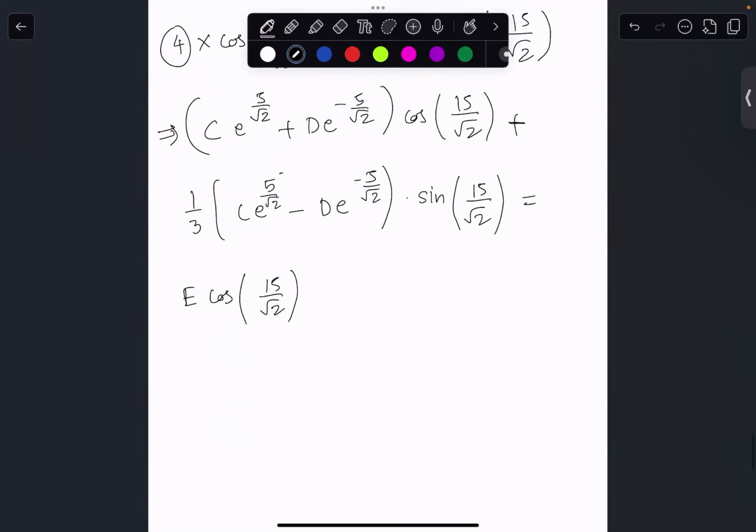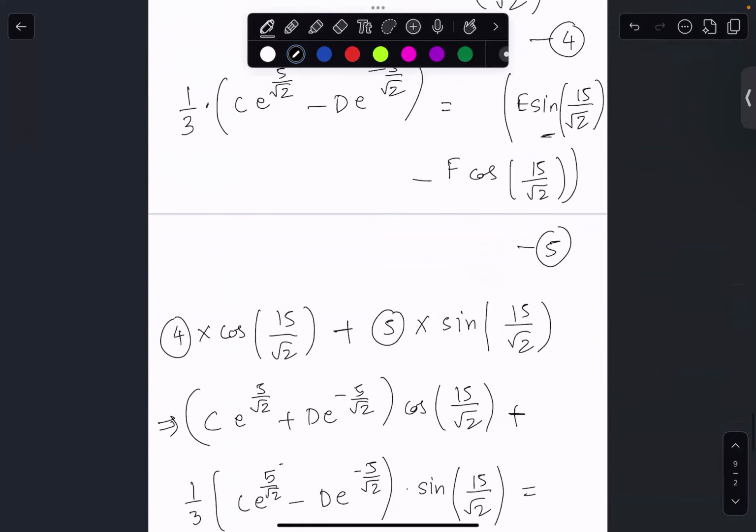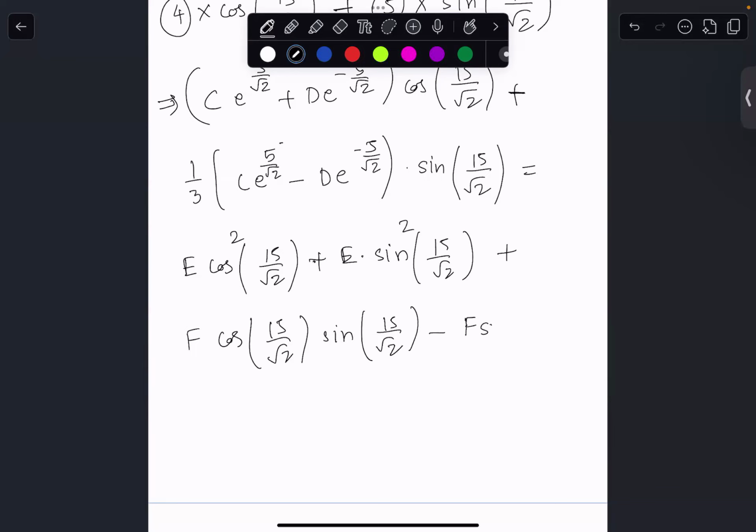So e cos of 15 upon square root of 2 squared plus e times sine of 15 upon square root of 2 squared plus f cos of 15 upon square root of 2 sine 15 upon square root of 2 minus f sine of 15 upon square root of 2 times cos of 15 upon square root of 2.